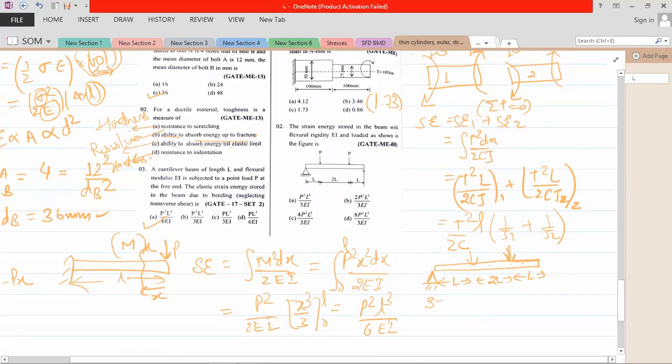So your strain energy I would write as the integral from 0 to L of M square dx upon 2EI, and we can split the integration. Actually it is 4L.